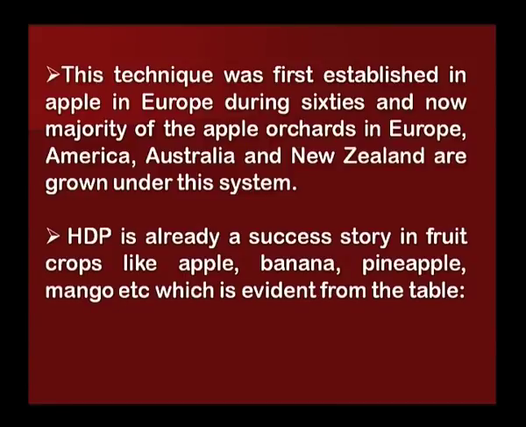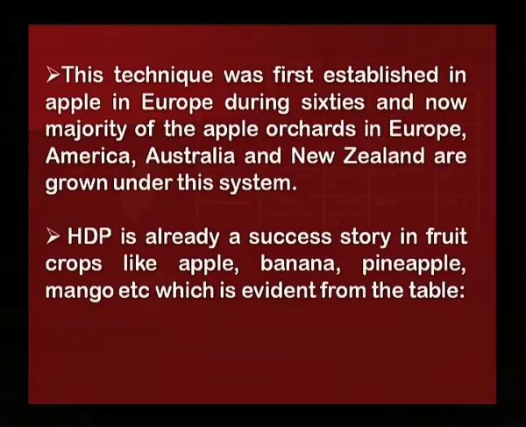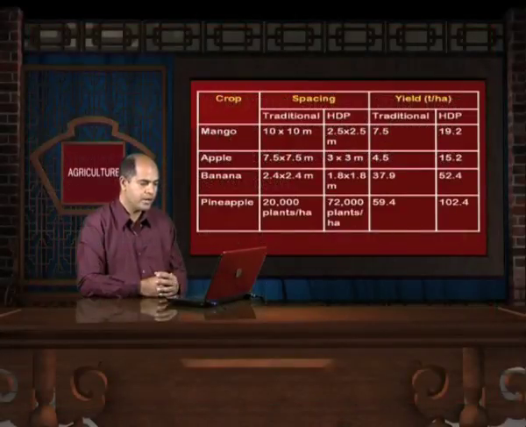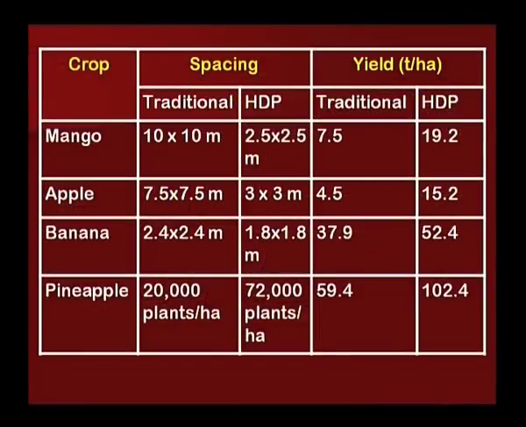HDP is already a success story in fruit crops like apple, banana, pineapple, mango, etc., which is evident from the table. This table shows the traditional and high density planting spacing and gives the comparison of yield in both the systems.